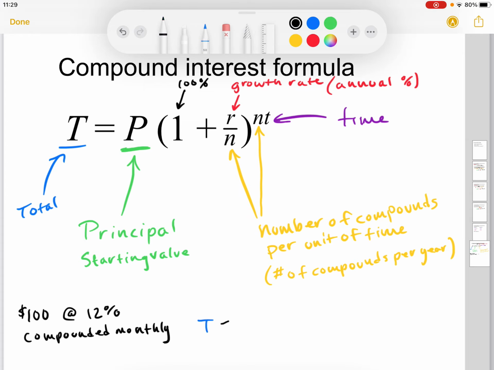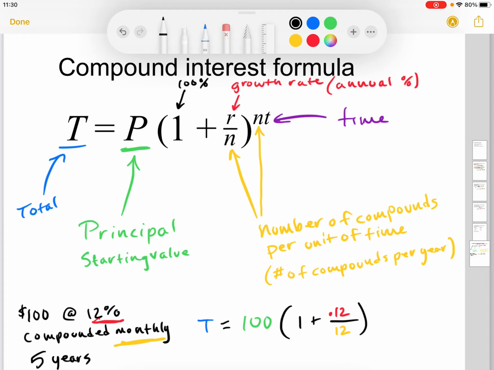Total equals 100 times 1 plus, I'm just going to use my 12% here, 0.12 over 12, because I'm compounding monthly. And then we'll say 5 years for this.